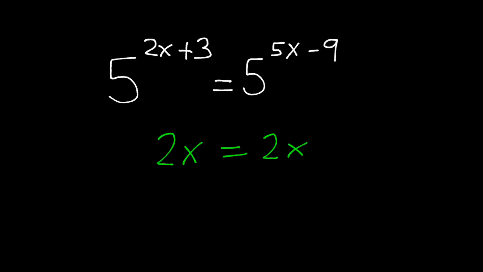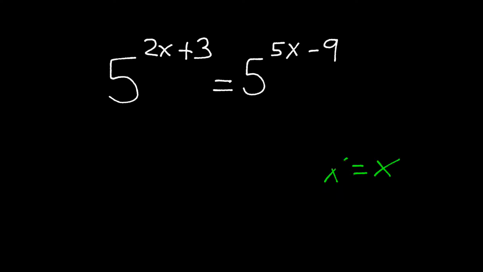So if I divide by 2, I would get x equals x, and it turns out, no matter what I put in, I'm going to get the same value. Well, with this side, whatever we put up here, whatever it becomes, 5 is going to be raised to that power, and we have to get it to be raised to the same power on this side as well. So you might be wondering, how am I supposed to do that?